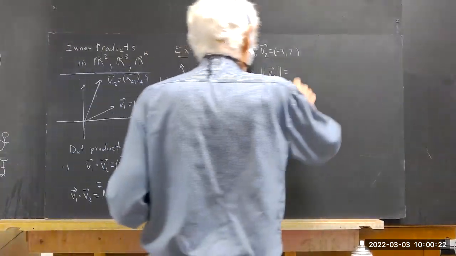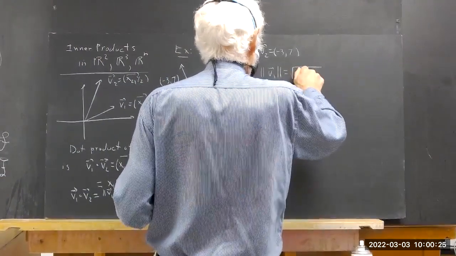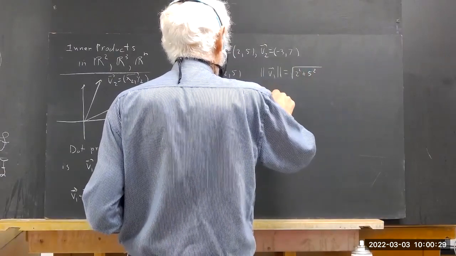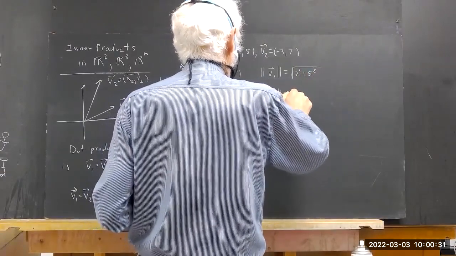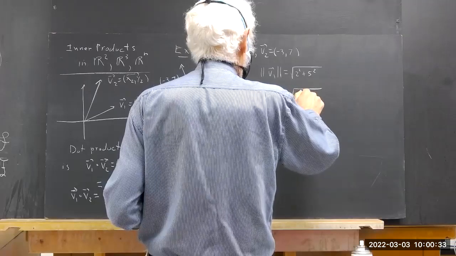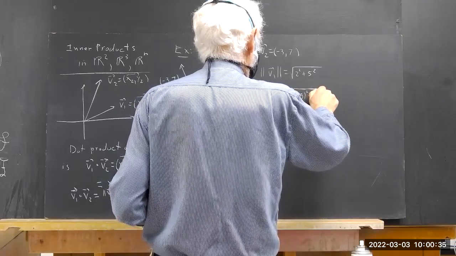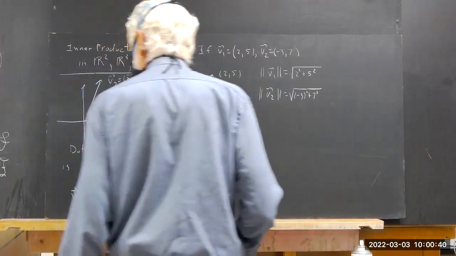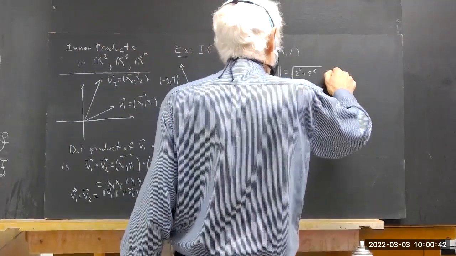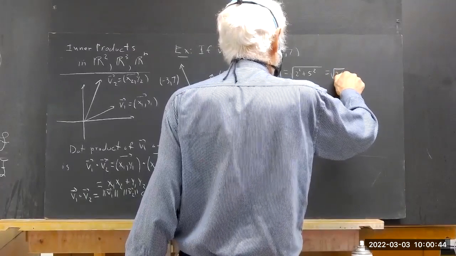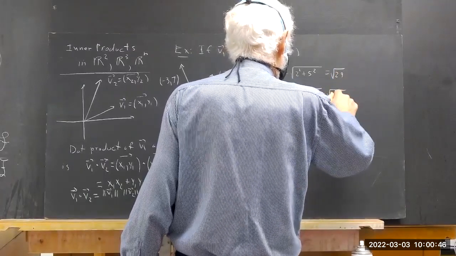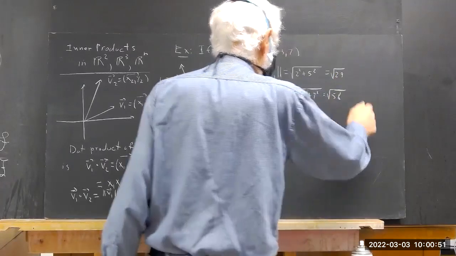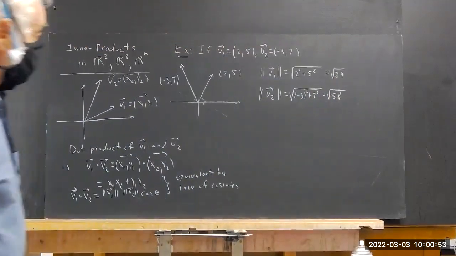That's going to be the square root of 2 squared plus 5 squared, and this is the square root of (-3) squared plus 7 squared. That's the square root of 29, and this is the square root of 58.